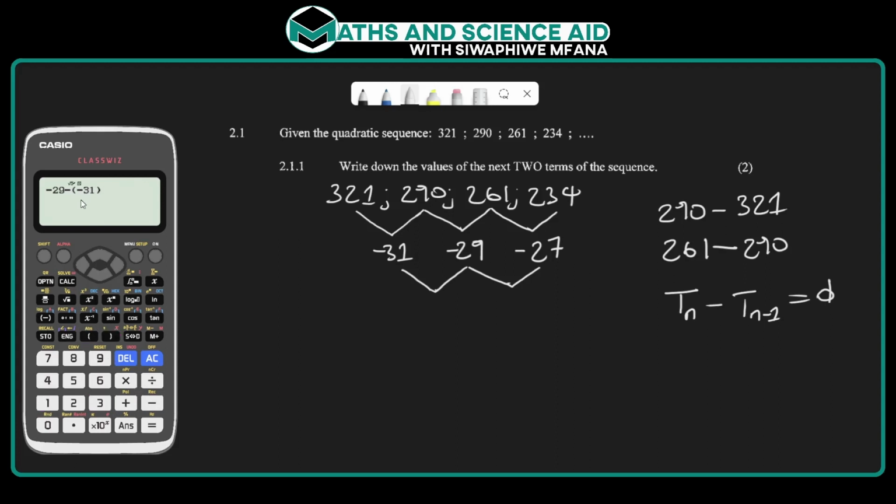I hope you can note how I have added brackets there. That is very important. And if we do that, we'll get an answer which is equal to 2. And even for the next two consecutive terms, we can do the same thing. So we will have minus 27, and from that we subtract minus 29.